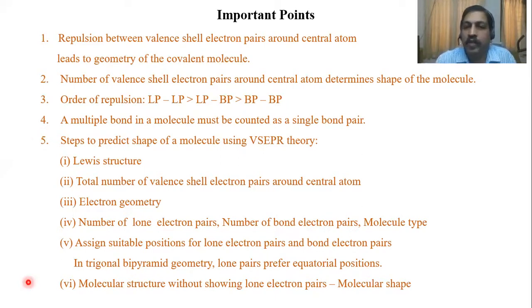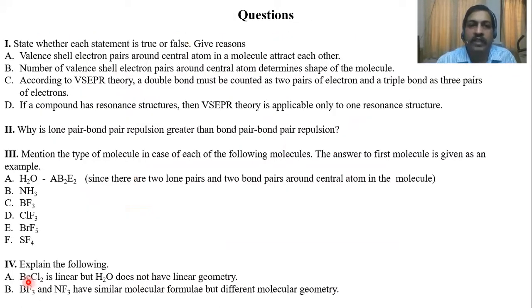Please let me know if you have not understood anything, if something is not clear, or if you have any questions. I have a list of questions here from this topic. The first question: state whether each statement is true or false. Give reasons.